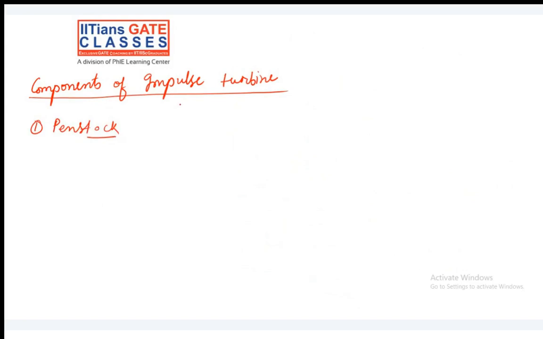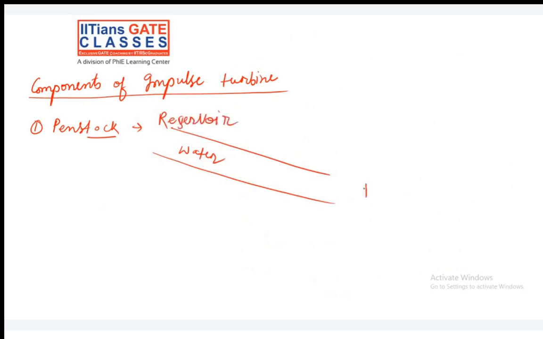So there is no need to write more. Penstocks are large diameter pipes which carry water from the reservoir to the turbines. Okay, penstock. Second thing is the spear and nozzle.